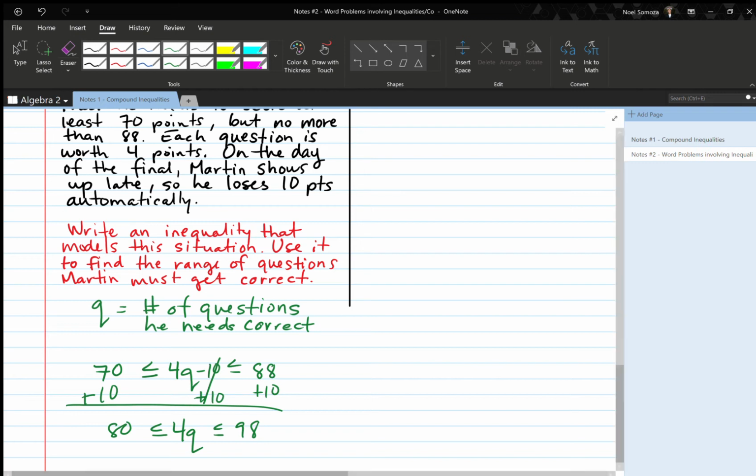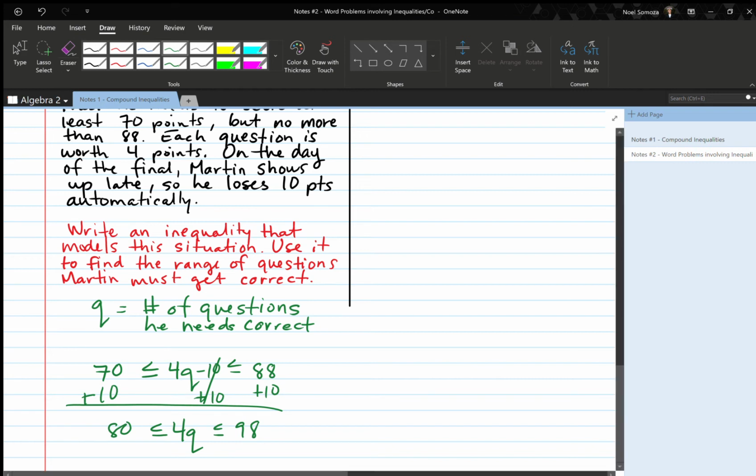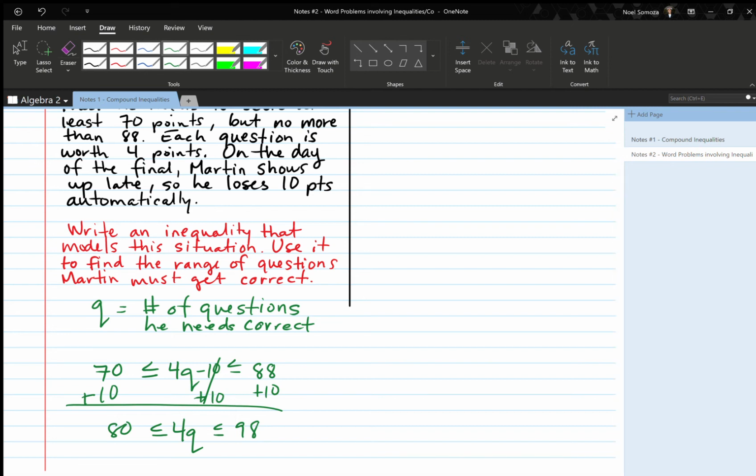Because he came in late, his minimum score now has to be 80, and he doesn't need to go past 98. This 10-point adjustment gets tacked onto his minimum and maximum scores. Now real simple, we divide by 4.